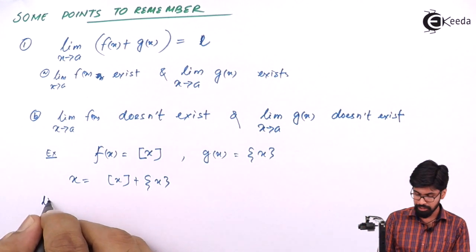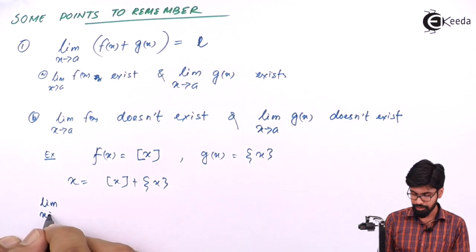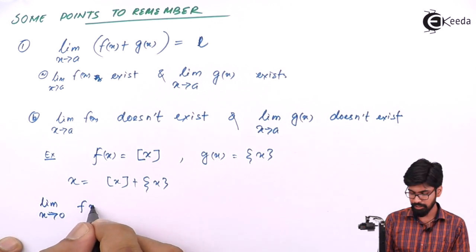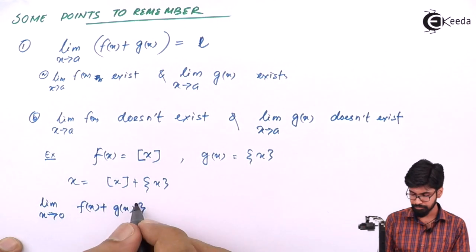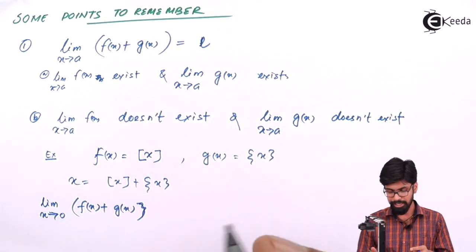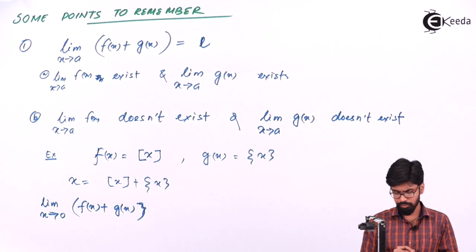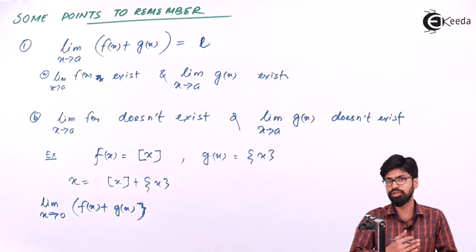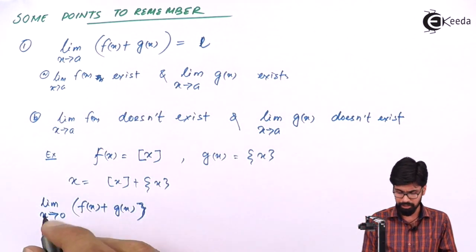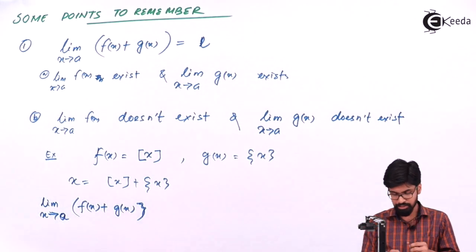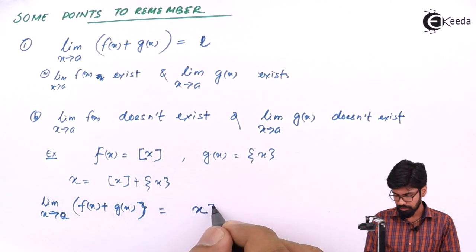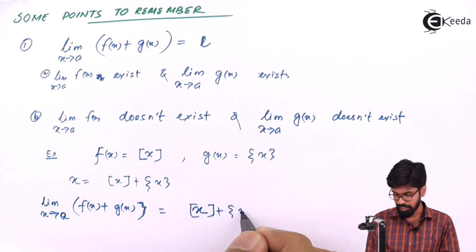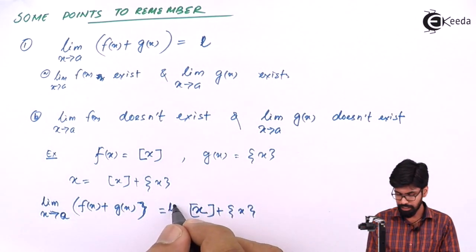So when we take the limit of f of x plus g of x, it doesn't matter whether we approach x to 0 or to infinity or to some other number, it doesn't matter really. So x tends to a, that will be equal to greatest integer of x plus fractional part of x when limit x approaches a certain number a.